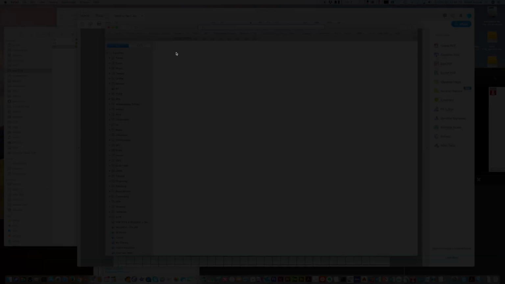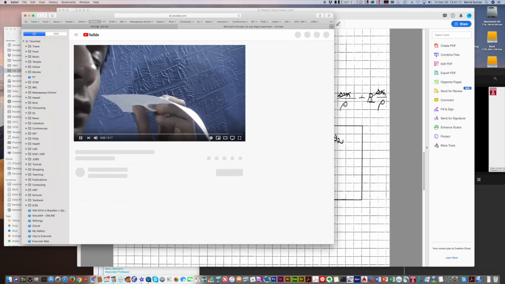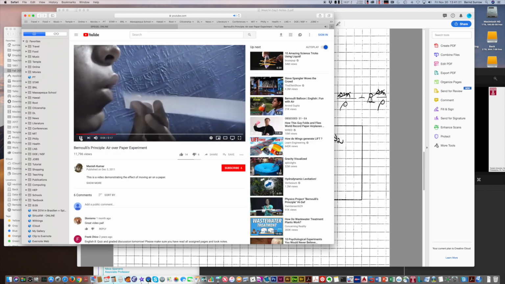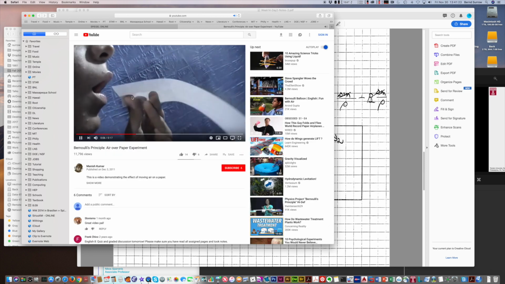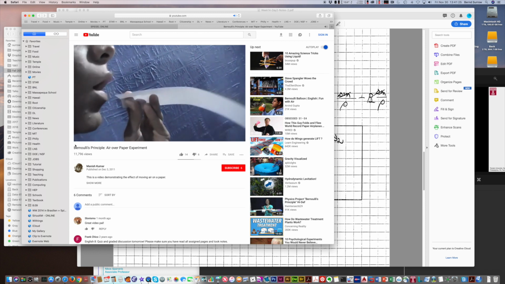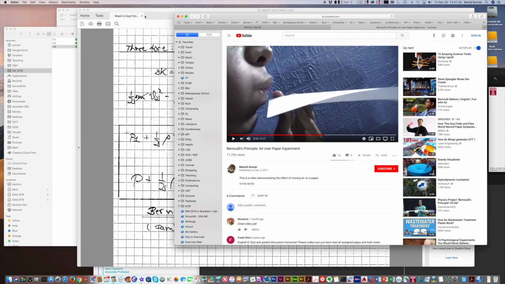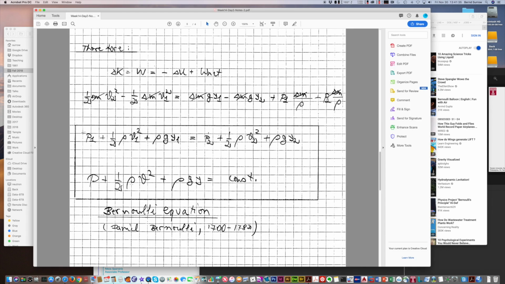What this guy shows you here is he's blowing on that airplane on the top with a larger velocity. So larger velocity on the top, smaller velocity on the bottom. The potential is roughly the same, so forget that term here.